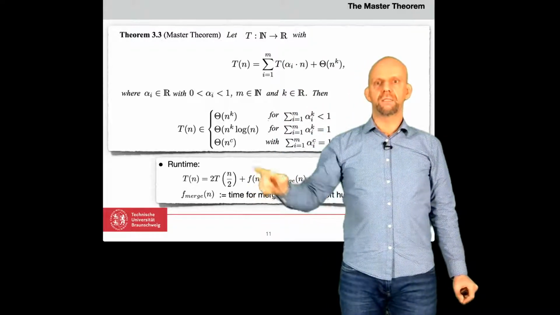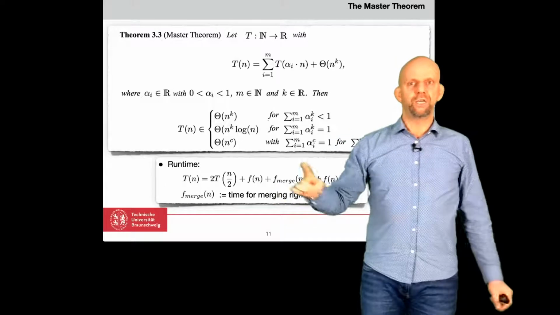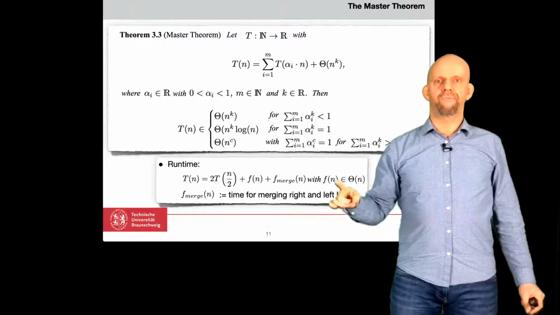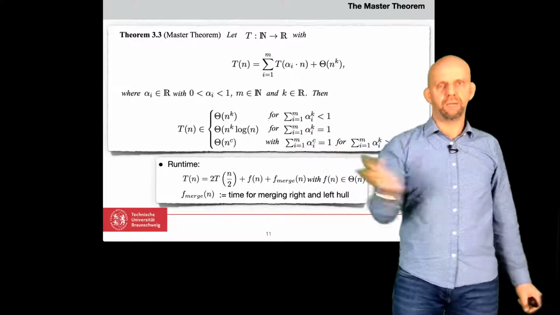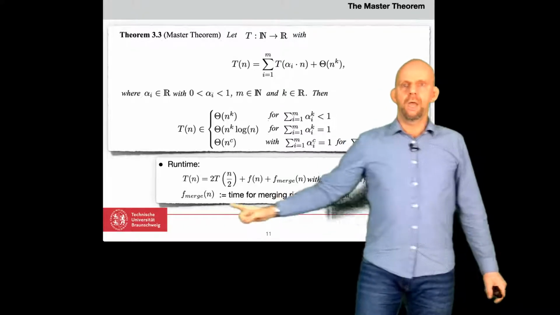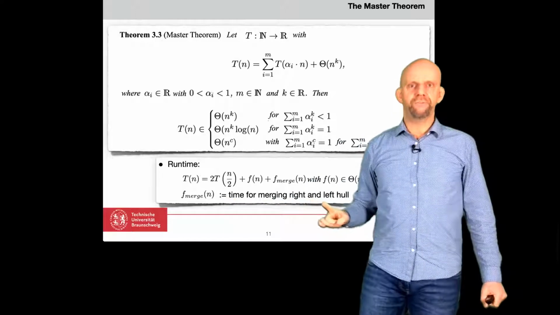And then you get some f of n, which is for splitting into left and right. And here's the interesting part. That's the merge part with f of n is this. That's basically what you do when you do the median and you split it up. We'll see why we can compute the median in linear time in a couple of slides. So that is the time for merging right and left.